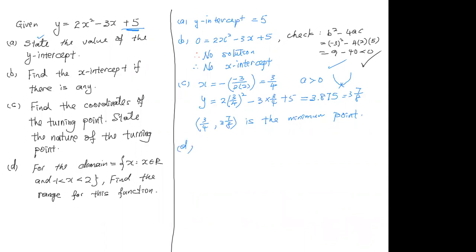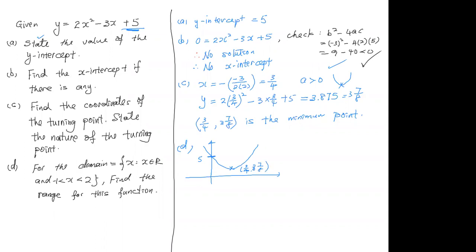Okay, now, if I sketch this graph, it will look something like this. Agree? Here is your 5. Here is your turning point, 3/4, and here is your 3 and 7/8, correct?